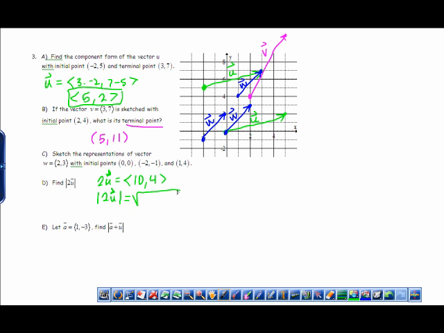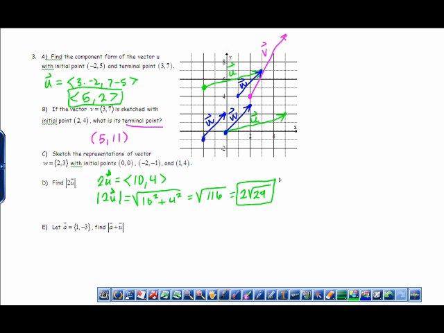So this would be the square root again. This is how you always find magnitude. 10 squared plus 4 squared. So that's going to be 100 plus 16, that's 116. And if you simplify this radical down, you get 2 root 29, which is something you would need to do. And there you go.